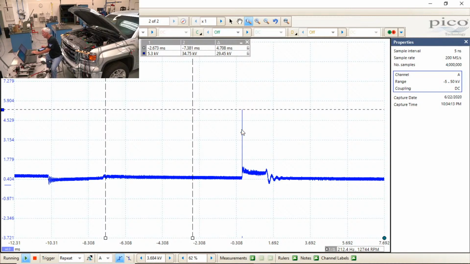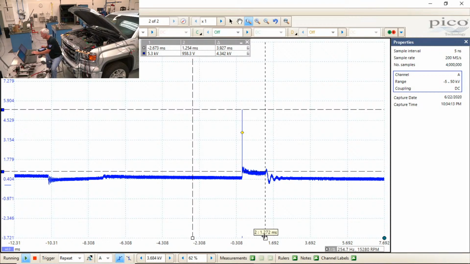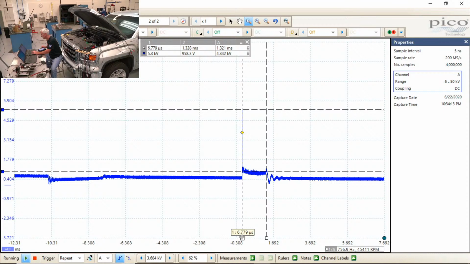And then once the spark is established, it only takes about 1,000 volts to keep that spark going. The length of time that that spark is burning is what we consider our spark line length. And in this case, I'm getting 1.32 milliseconds.